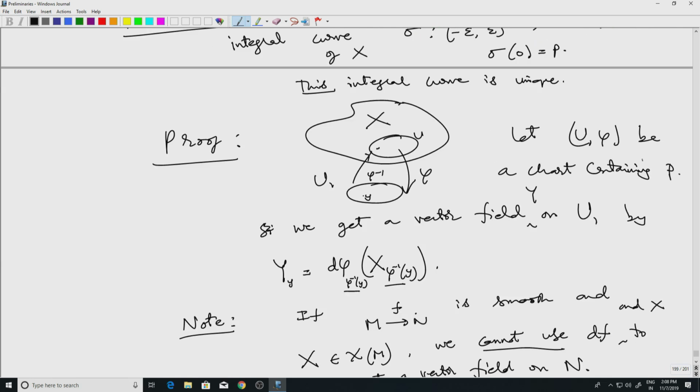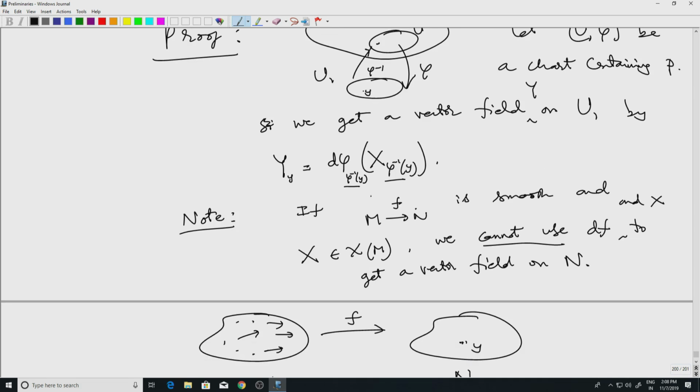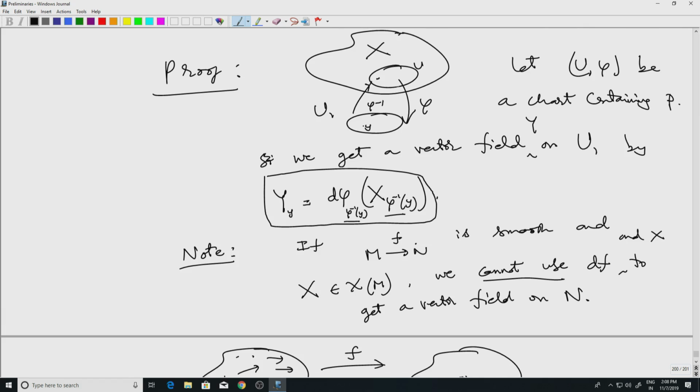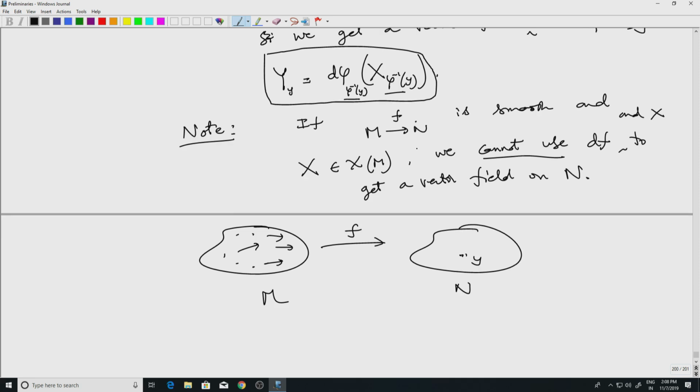So here we took a chart around P, and the first thing is that we transfer the vector field on U to a vector field on U1 by this equation here. And I had remarked that in general, when you have a smooth map between manifolds and you have a vector field on the domain, it is not possible to use the derivative of the map to transfer the vector field on the domain to a vector field on the target.